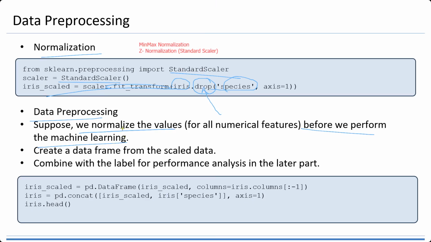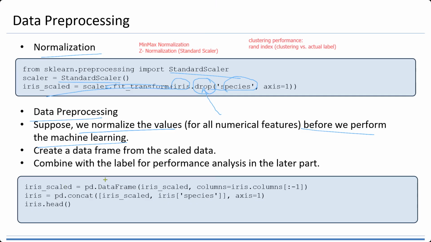At the end, because we need to measure the clustering performance, we need to check with the RAND index. What is the RAND index? We need to check the clustering with the actual label.